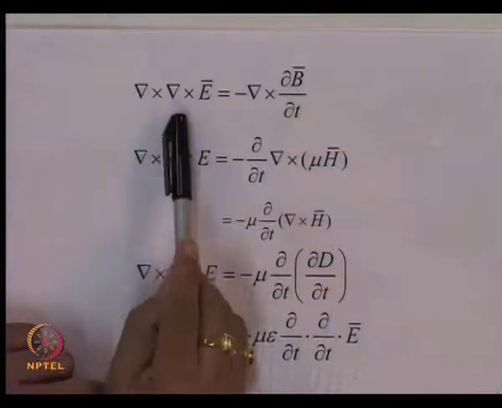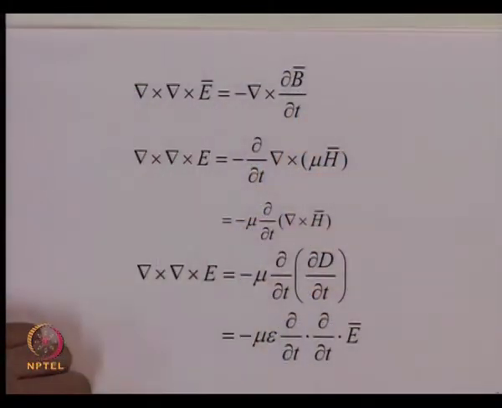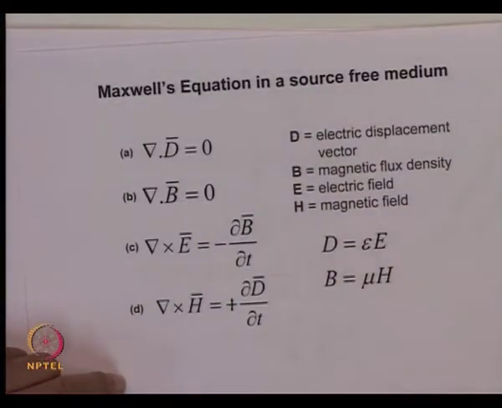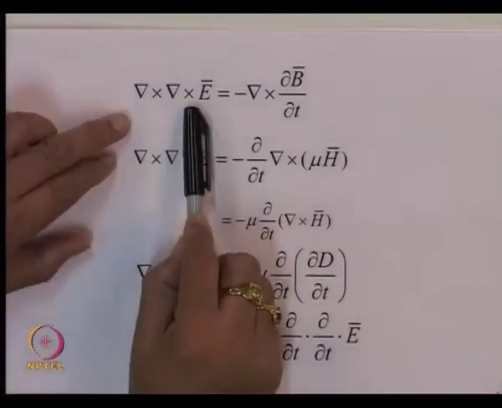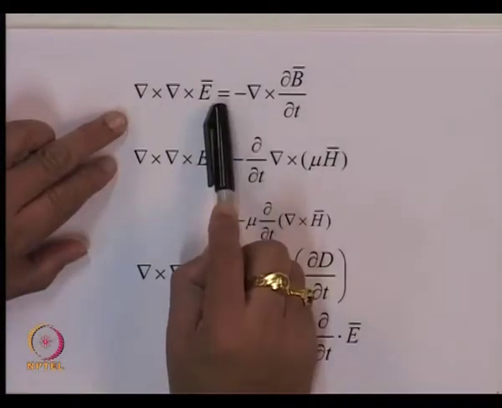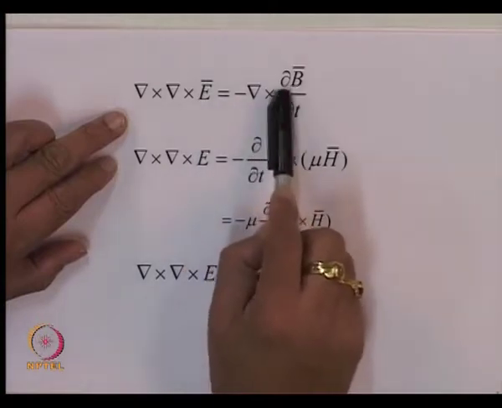Firstly we try to decouple these equations, and what we do is take the curl of this equation, and we can write now that del cross E is equal to minus del cross dB by dt.